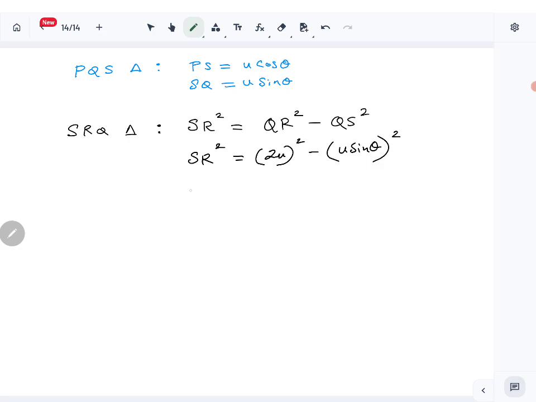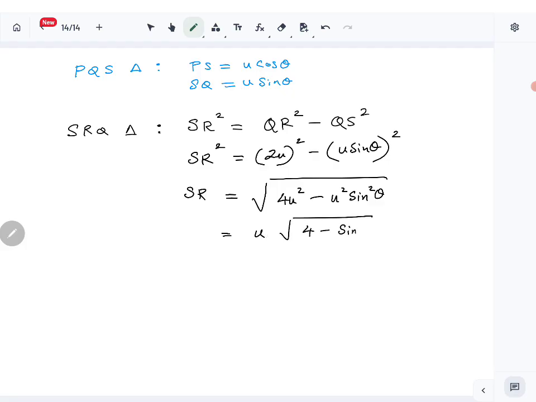So SR is the square root of 4u squared minus u squared sine squared theta. You can take a u out: u times the square root of 4 minus sine squared theta. Then we want to find PR.